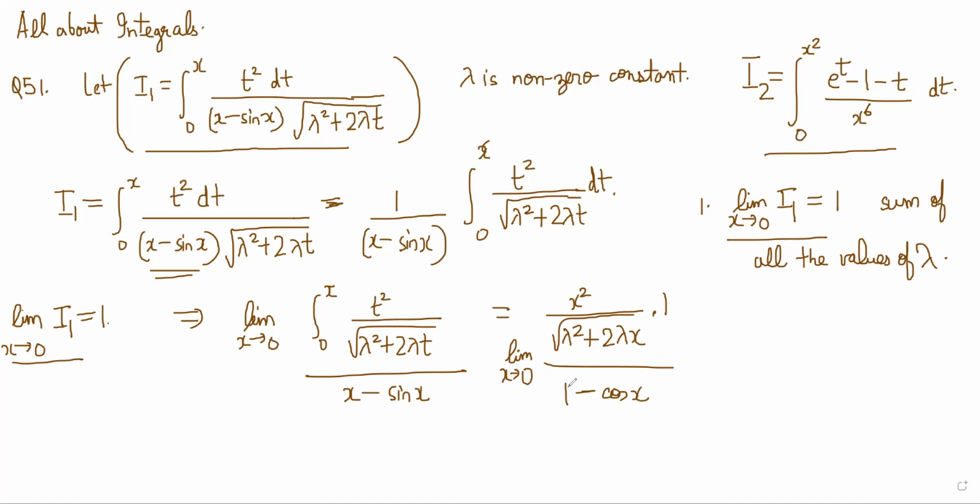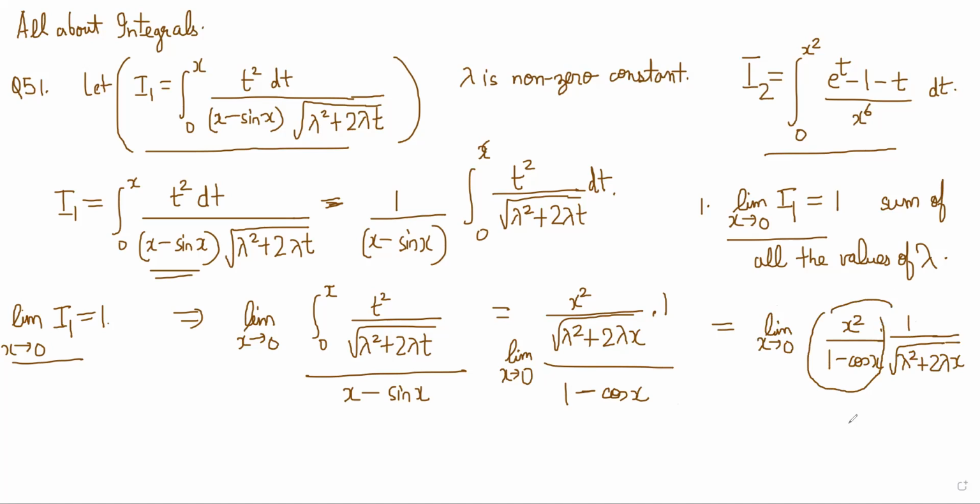So how do we take this limit? For this, we will write this as the limit x tends to 0 of x square by 1 minus cos x, multiplied by 1 by root over lambda square plus 2 lambda x. So this limit is doable.